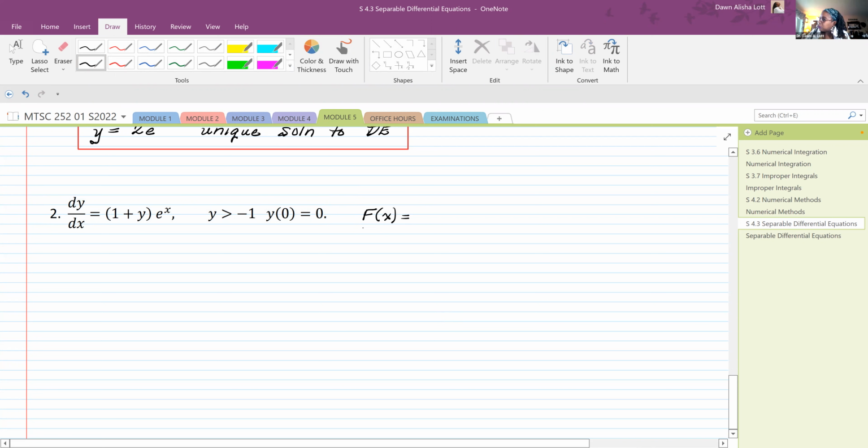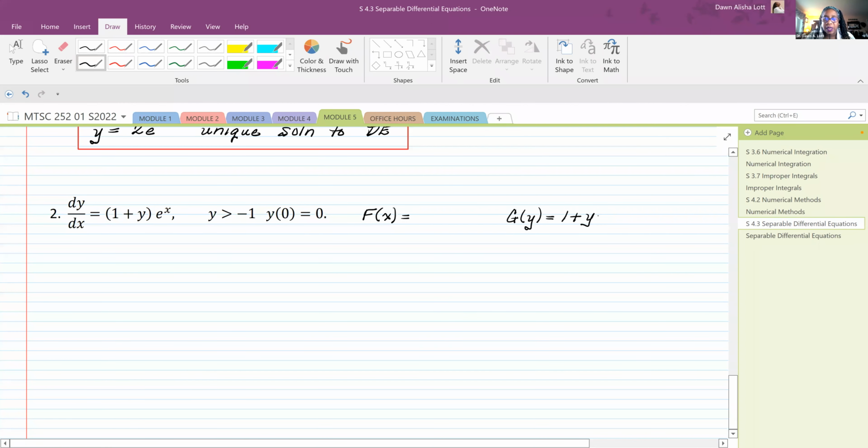Okay, so think about what you just said. Does 1 plus y have x's in it? I think that's g of y. So 1 plus y is the function of y. Okay, so now we've got the function of y down.